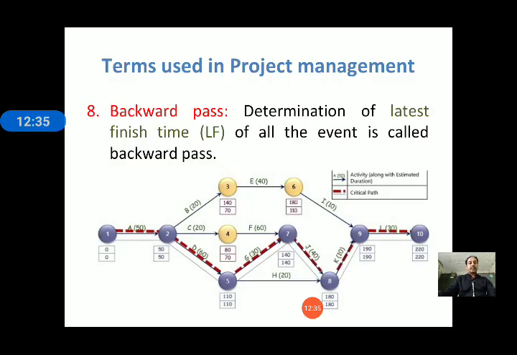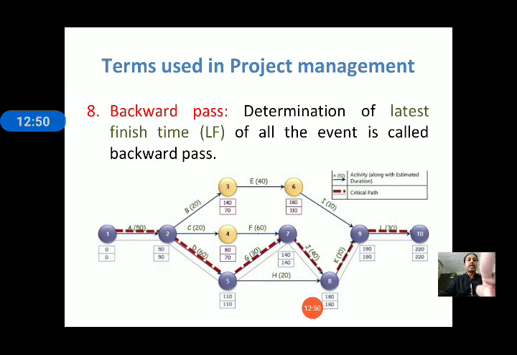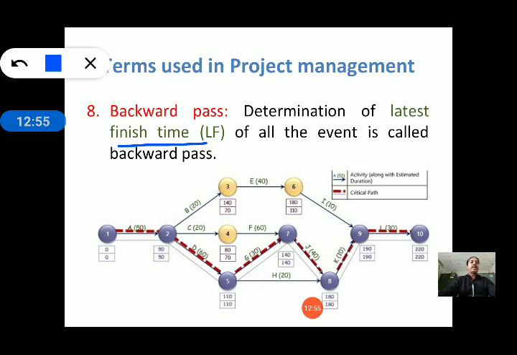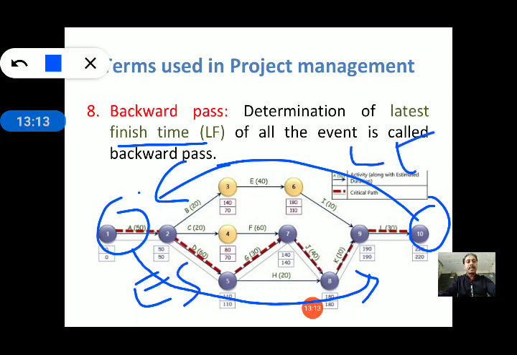And backward pass. As we discussed, the earliest start time, ES, can be found from event number 1 to event number 10 in this direction. That's why it is known as forward pass. But the latest finish time, LF, can be determined from the last event to the first event.